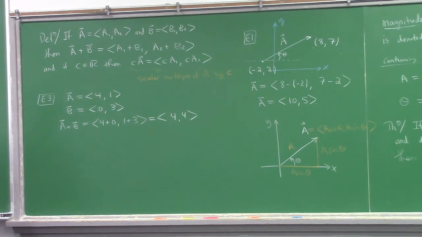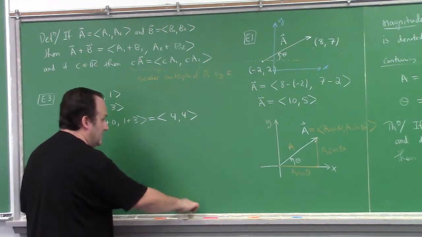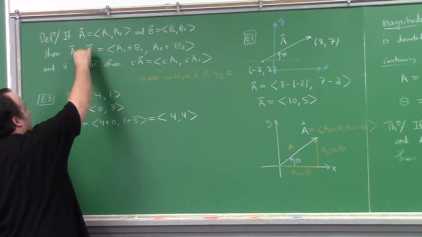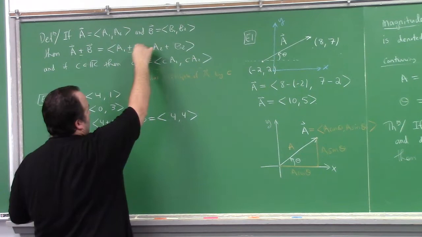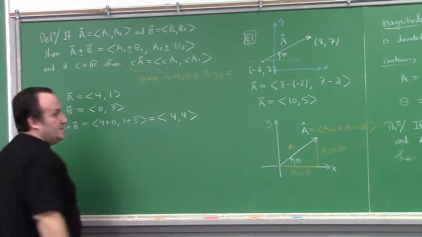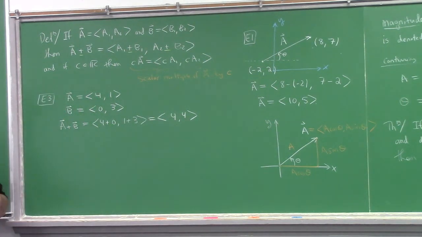And I guess, if you don't mind me being lazy, minus, minus, minus. If you take the difference of vectors, you just take the difference of the corresponding components. So that's how you do that.